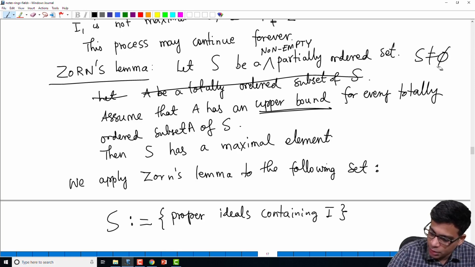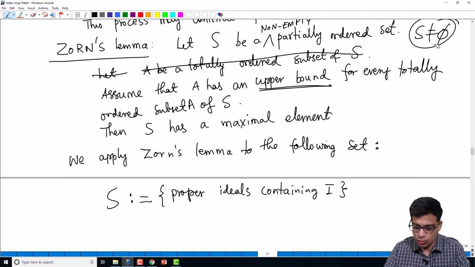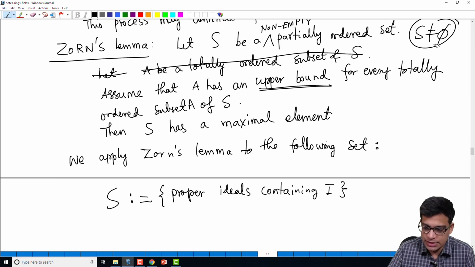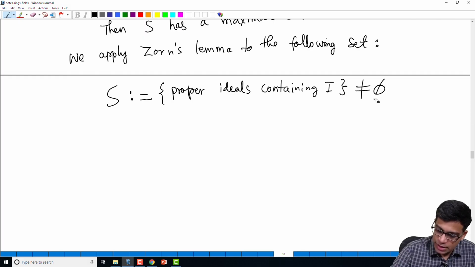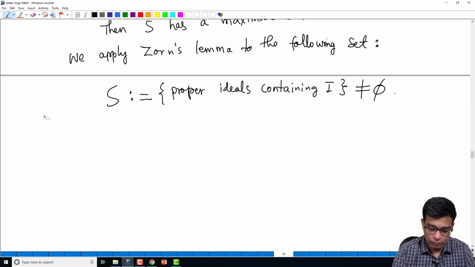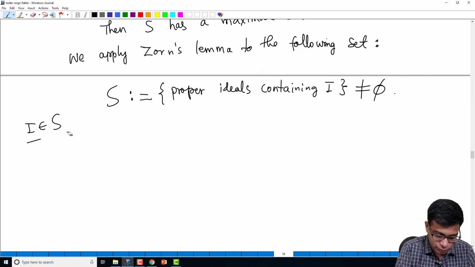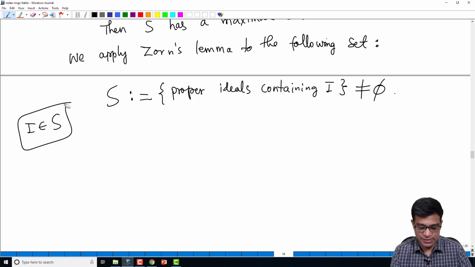Otherwise there is no statement you can make that S has a maximal element. The empty set has no maximal element. So we need S to be non-empty. Certainly in this application S is non-empty because I is a proper ideal by hypothesis. It contains I, so I belongs to S. So I am considering all ideals that are proper and that contain I.